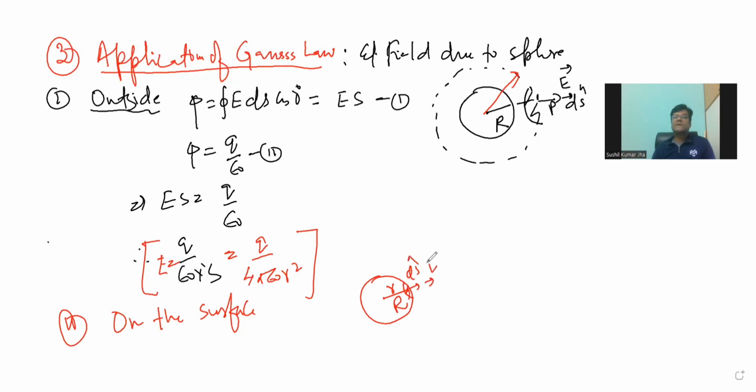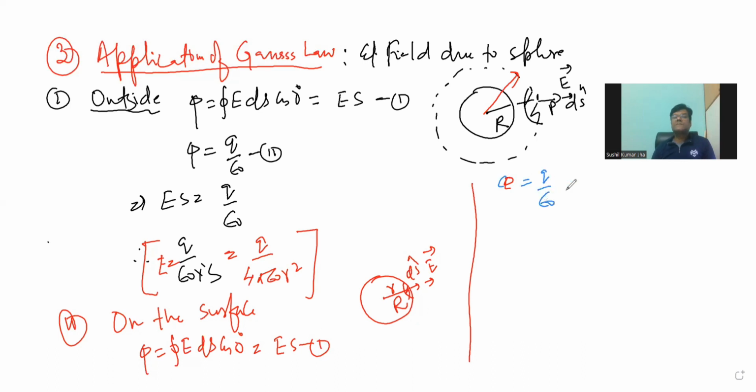So ds and E, and thus flux is E ds cos 0. So it is Es, and Gauss law also tells us that this phi is equal to q by epsilon naught.